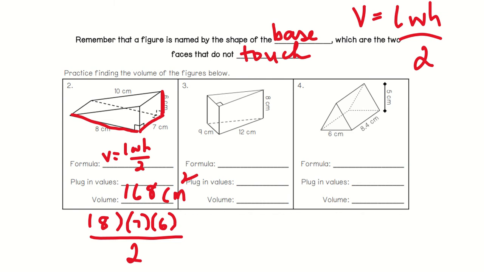Next one. For each one of these, same formula. Volume equals length times width times height divided by 2. Okay.